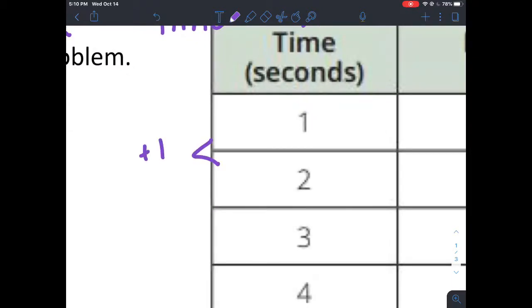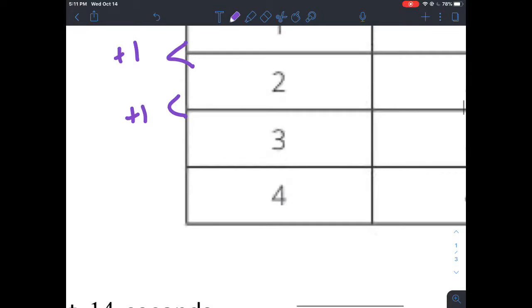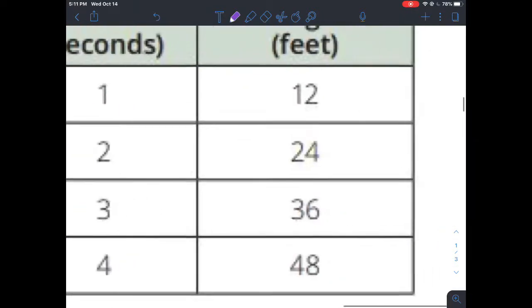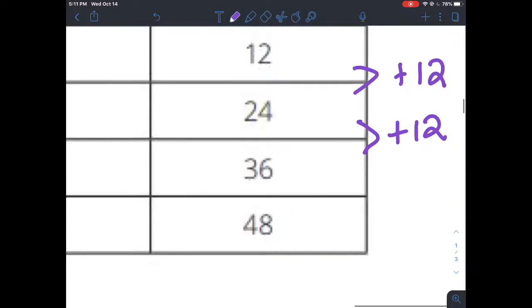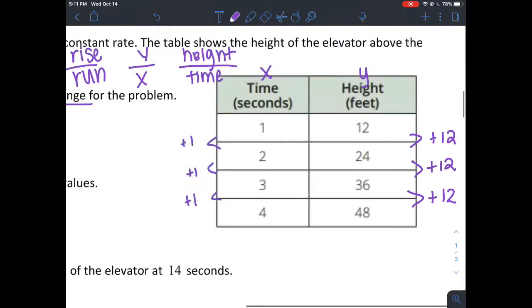Okay, so from 1 to 2, we add 1, 2 to 3, we add 1, 3 to 4, we add 1. And then the y values, 12 to 24 is plus 12. 24 to 36 is plus 12. 36 to 48 is also plus 12. So then we'll plug those in.